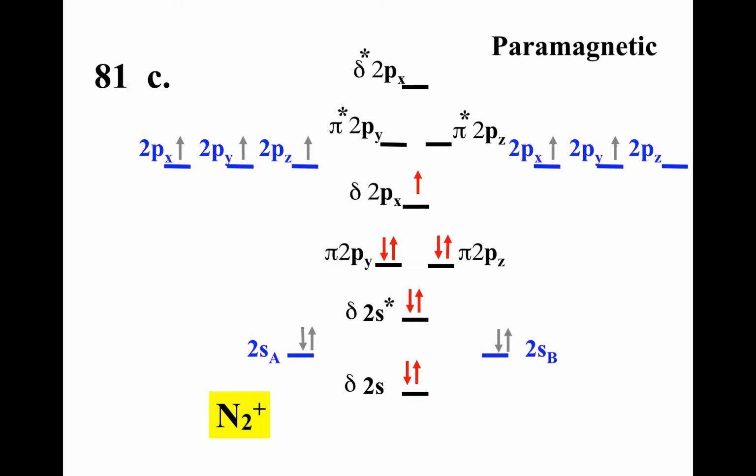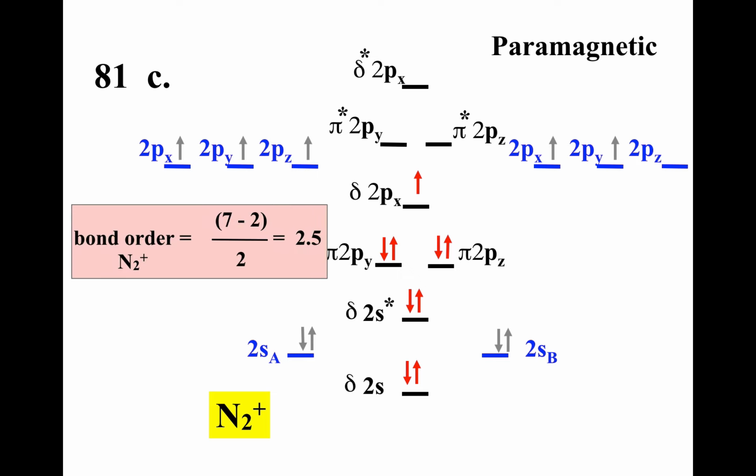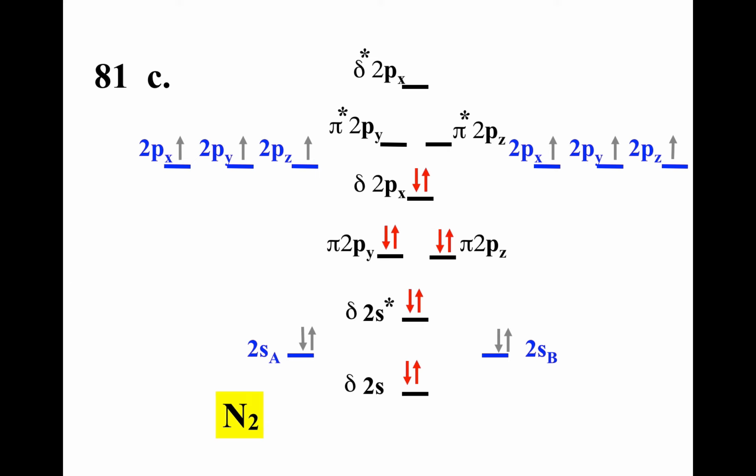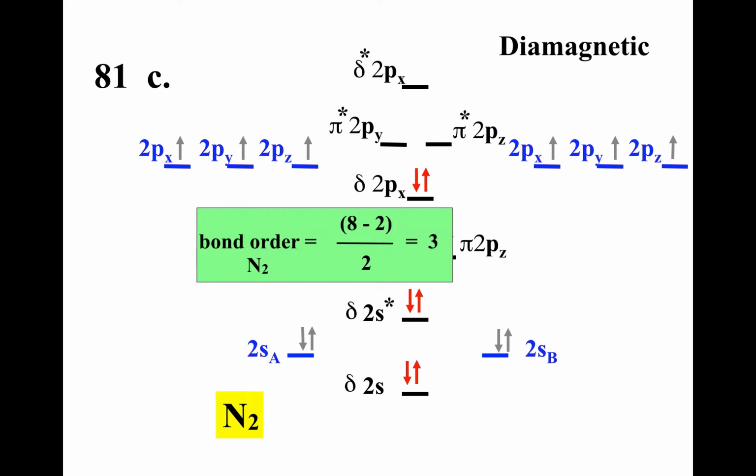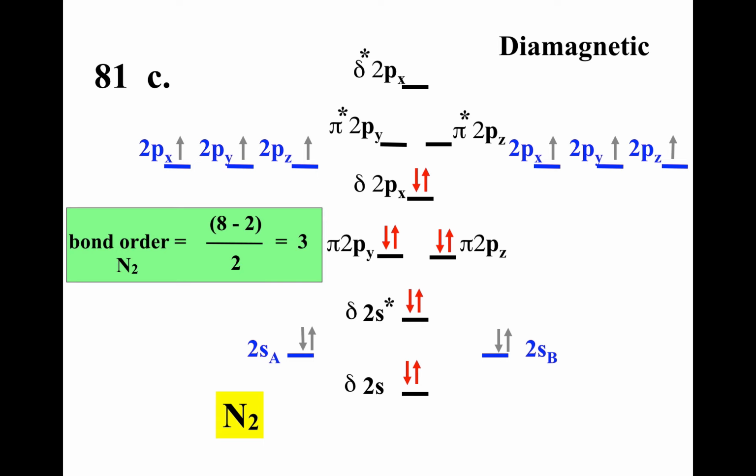So it's paramagnetic. We have an unpaired electron. When I count up the electrons in the bonding orbitals, I have 1, 2, 3, 4, 5, 6, 7, with 2 of them in an antibonding. So 7 minus 2 divided by 2 gives me a bond order of 2.5. If I was dealing with nitrogen, I'd have more electrons in bonding orbitals, so I'd have an even greater bond order, so an even more stable bond.